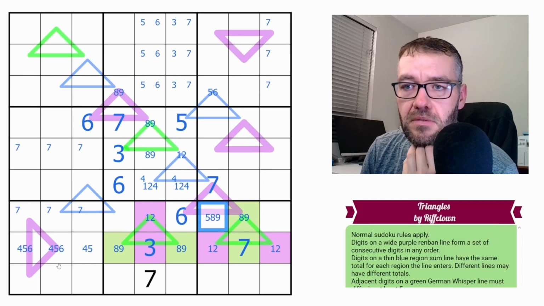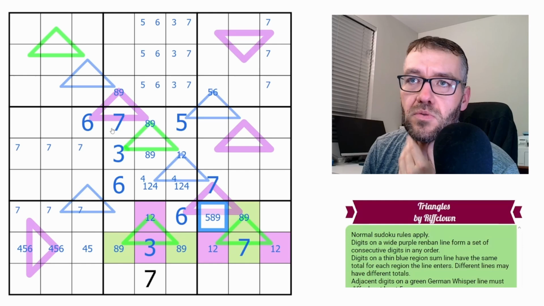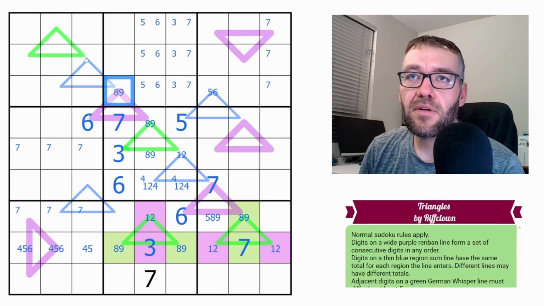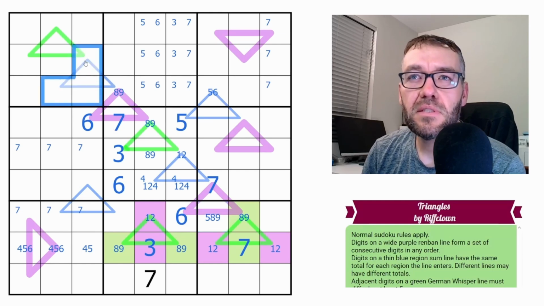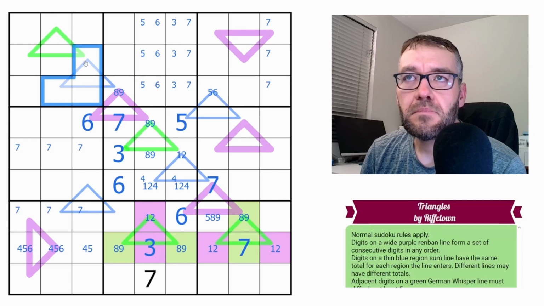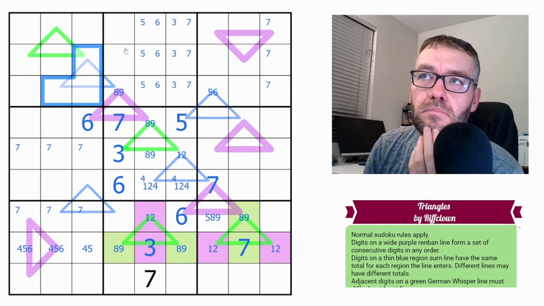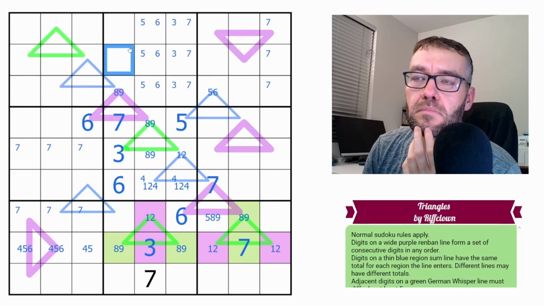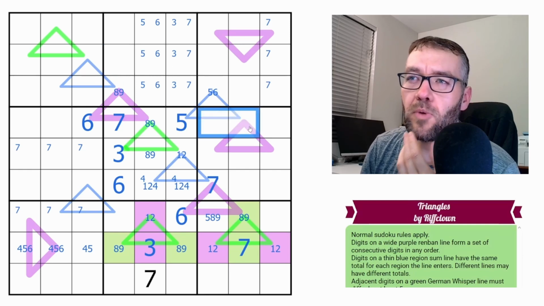All right. Making some progress. So this is an 8 or 9. That means this has to equal 8 or 9. That could be a lot of things. We know these numbers.